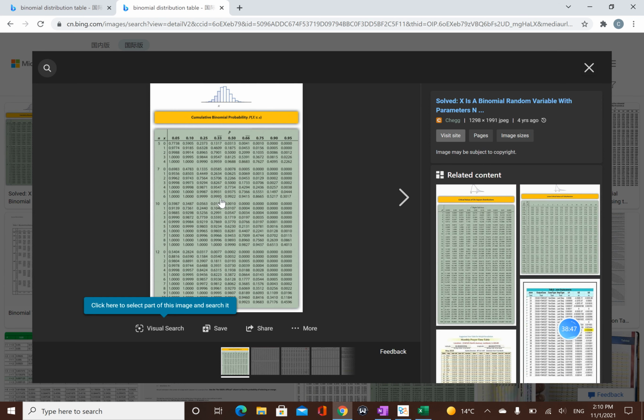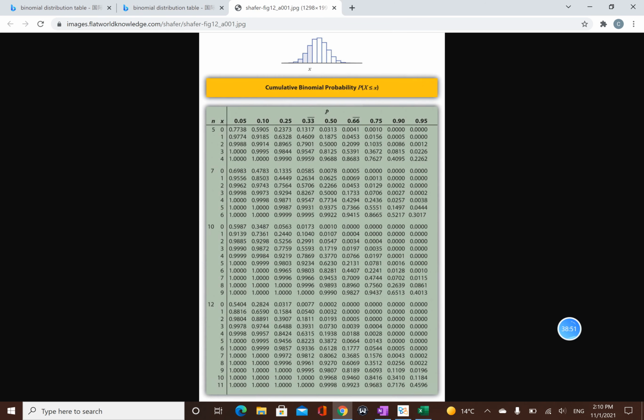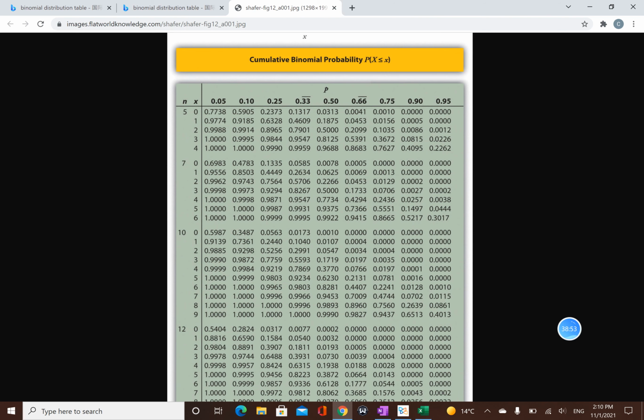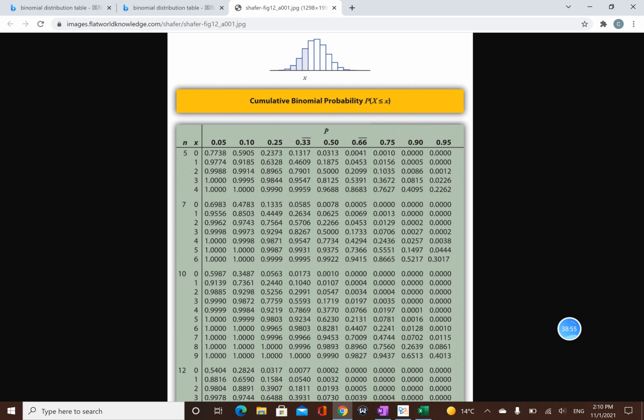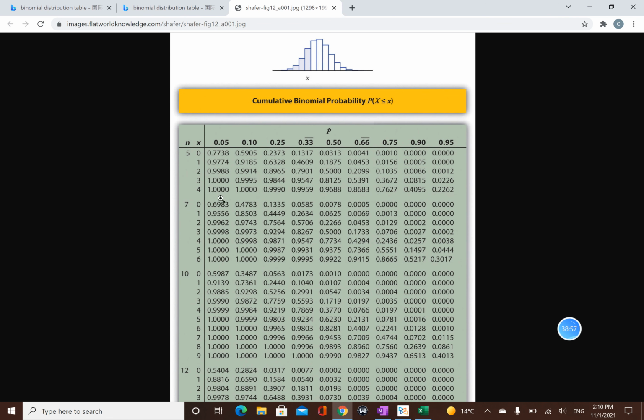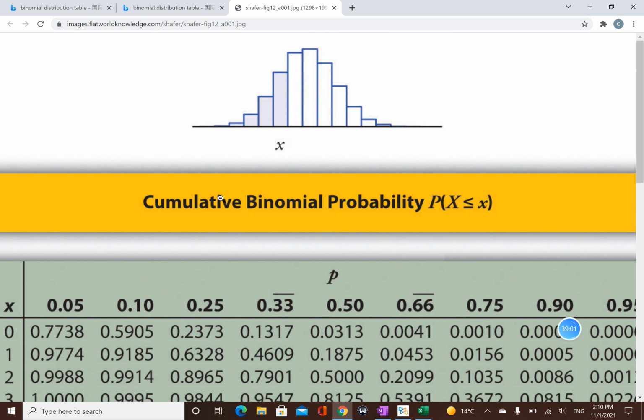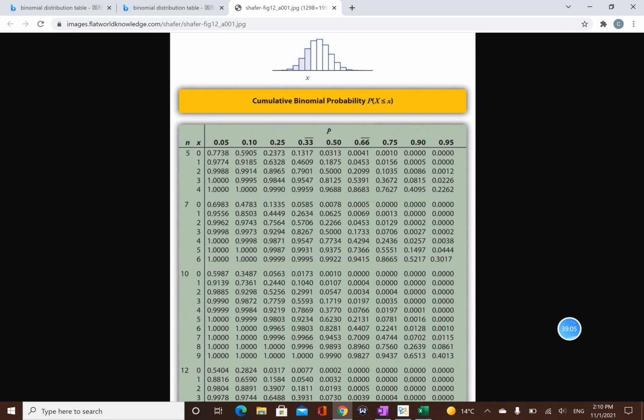It gives you the probabilities, you see, you've got the picture here, having all these values of these probabilities going up like this, and then down again. And they give you the cumulative binomial probability of X less than or equal to x in a table like this.